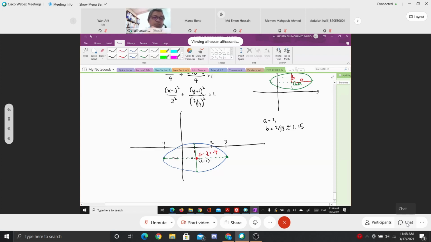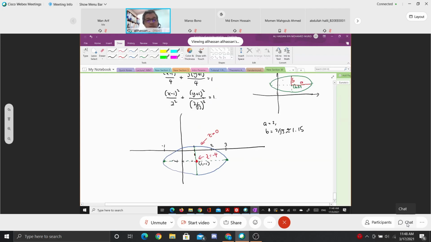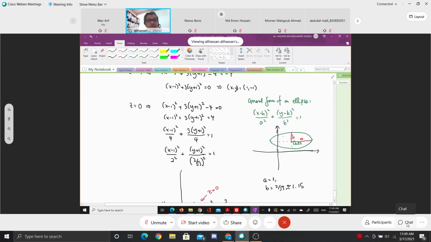So this ellipse is the level curve at z equal to 0. In fact, the complete graph is an ellipsoid, isn't it?